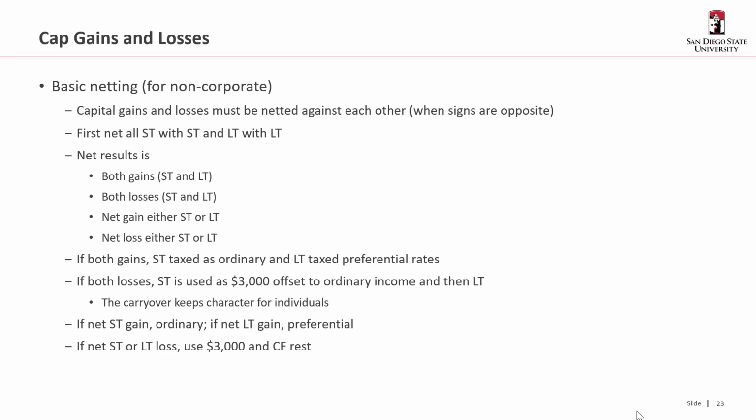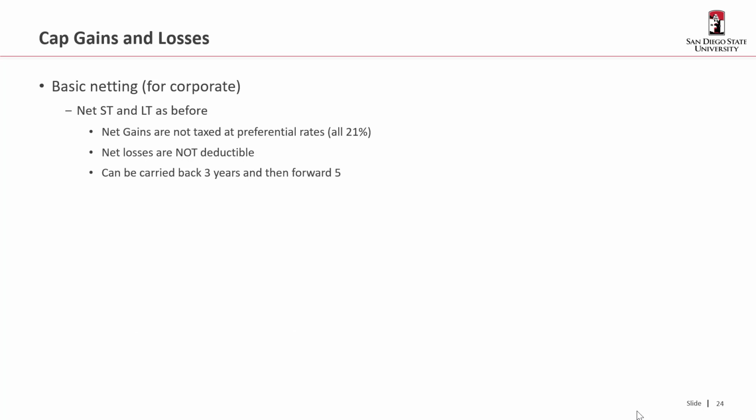If you have long-term, you continue to treat it as long-term. If you end up with a net short-term gain, you treat that as ordinary. If you end up with a net long-term gain, you apply preferential rates. If you end up with a net short-term or long-term loss, then you use the $3,000 and carry forward whatever is left.